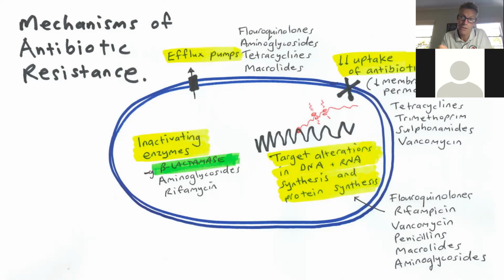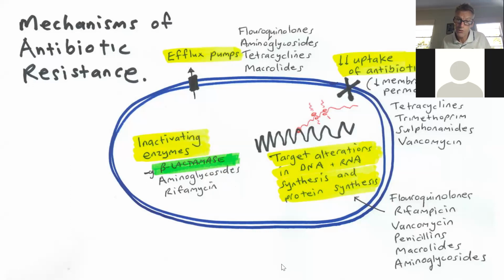Beta-lactamase, which is a very common enzyme, can disrupt the penicillins and cloxacillin, all the penicillin-like drugs, because of a random variation causing disruption of common antibiotics by enzymes that are produced by the bacteria.